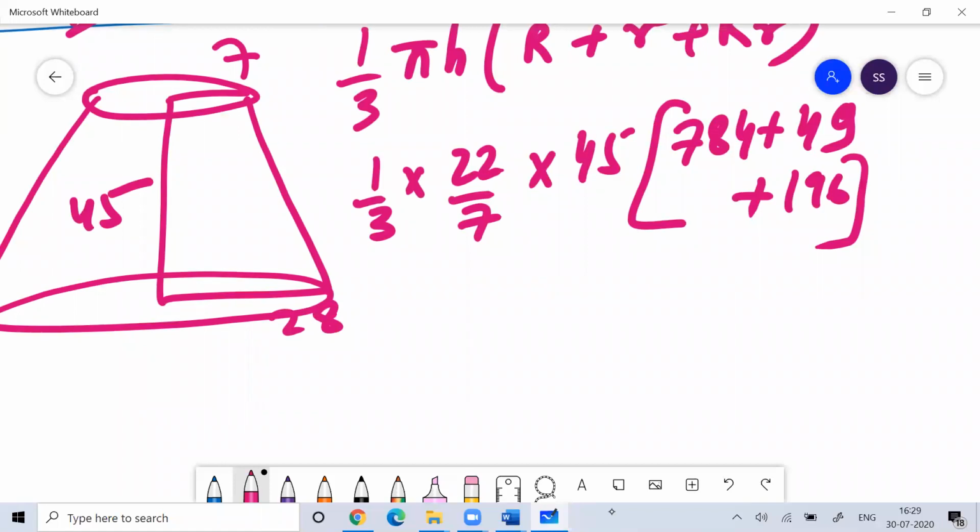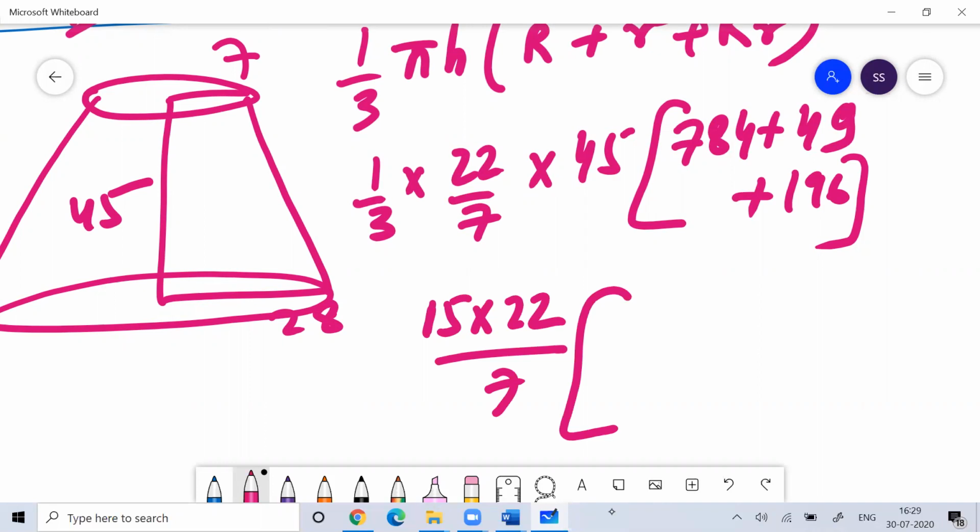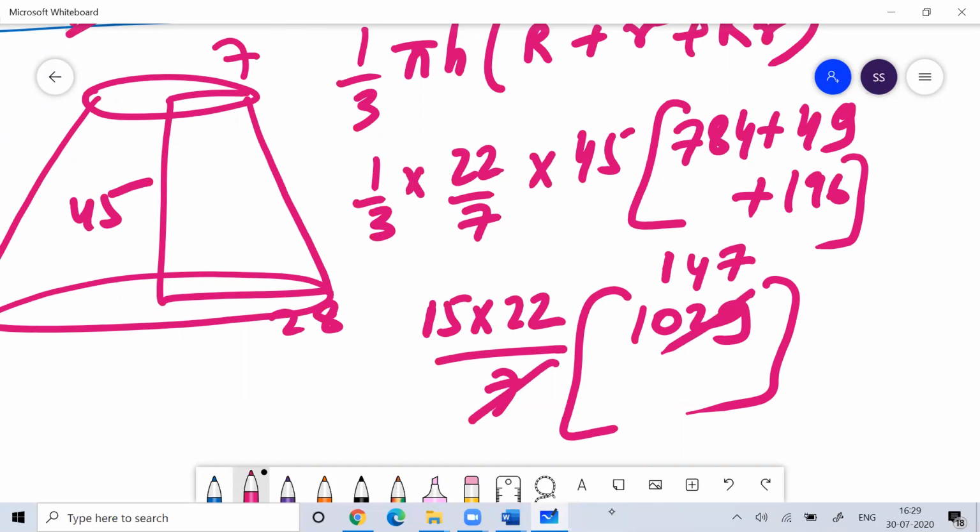So this is 15 into 22 by 7, then 784 plus 196 is 980, plus 49 should be 1029, I guess. 1029 divided by 7 is 147.